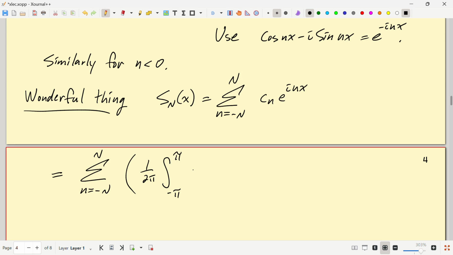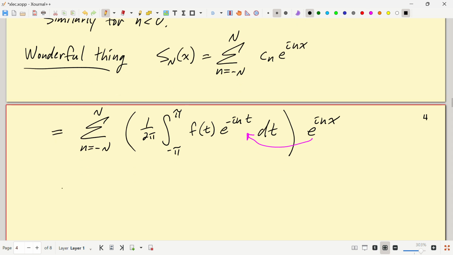I'll use the dummy variable here, f of t e to the minus int dt. Okay, that's the Cn. And then I have here e to the inx. And I can move this e to the inx inside the integral. It's just a constant. The integral is with respect to t.